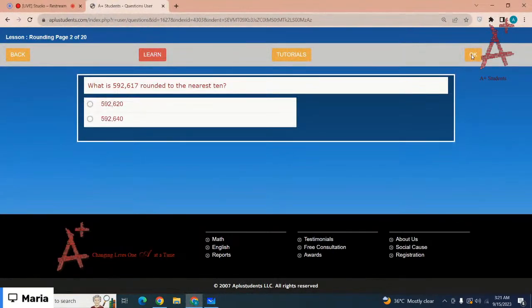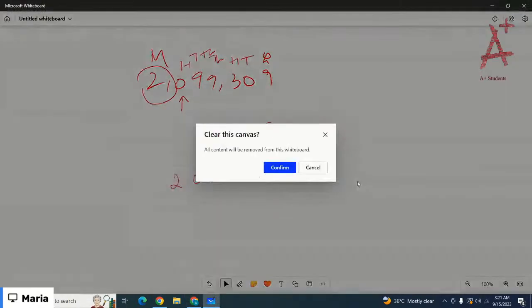What is 5,592,617 rounded to the nearest 10? You have to round to the tens place, right? So which digit is at the tens place? Let me just try 592617. The digit at the tens position is 1.